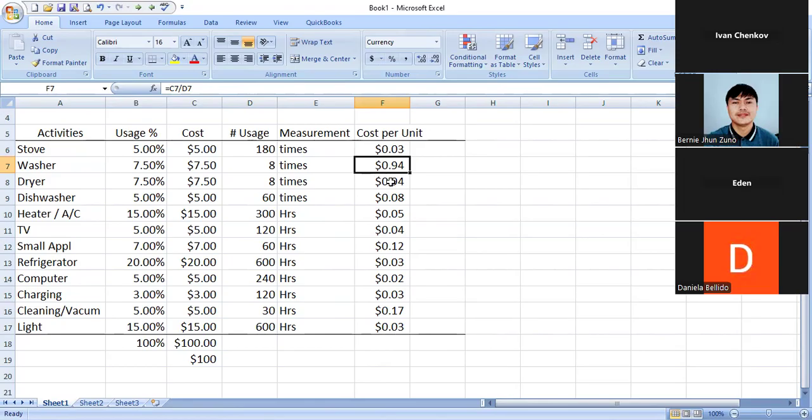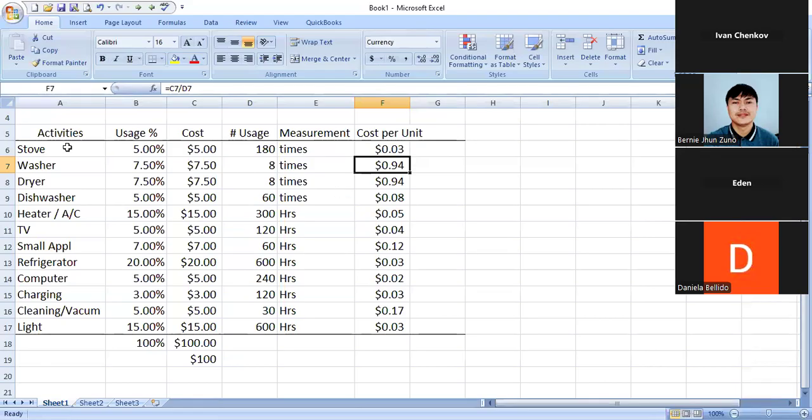So the question is, once you know the cost per unit, whether it's times or hours, can you now predict your cost? And can you find the activity that drives too much energy, which you don't need, and can you eliminate those activities? Those will be the questions that the manager is going to start asking.